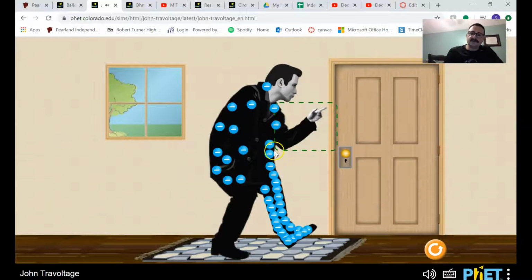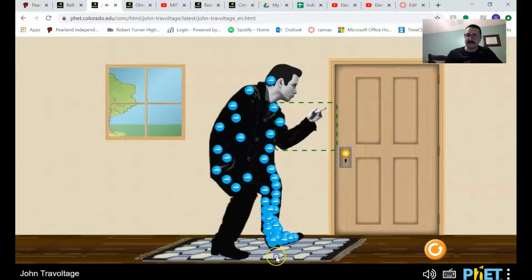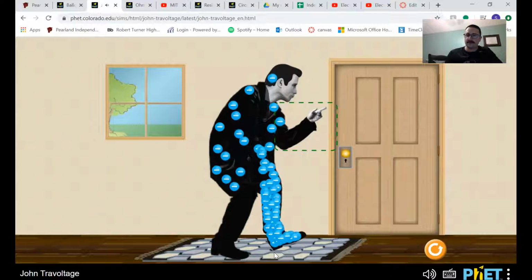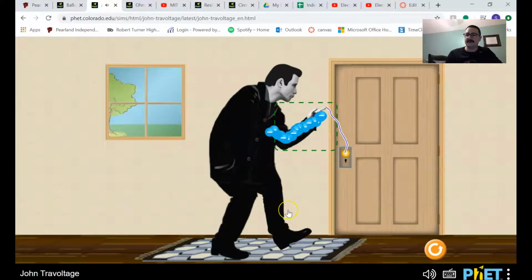Now, if those electrons are pushed hard enough, because like charges, all these negatives, repel, that's when you'll have a flow of electrons. Here, still don't have enough. There, they all pushed away, and you saw that flow of electrons, which is electricity. But you have to have enough voltage to be able to push them.